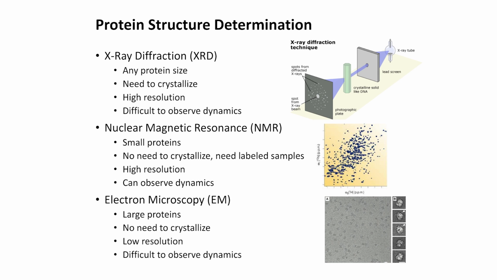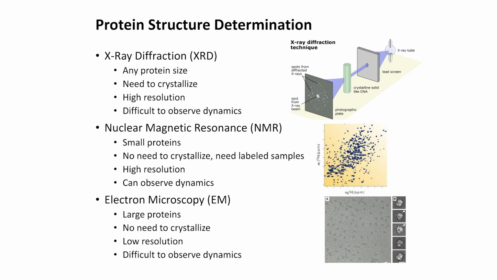The picture that you get is sometimes low resolution, but the technology is moving forward to the point where we can get resolution as good as X-ray structures. I know there's a 2.2 angstrom resolution structure out there, and there are others that are 3.2 angstroms, but maybe there's something better in the literature. Again, it's difficult to observe dynamics, so similar to X-ray, it's just a snapshot of your enzyme.